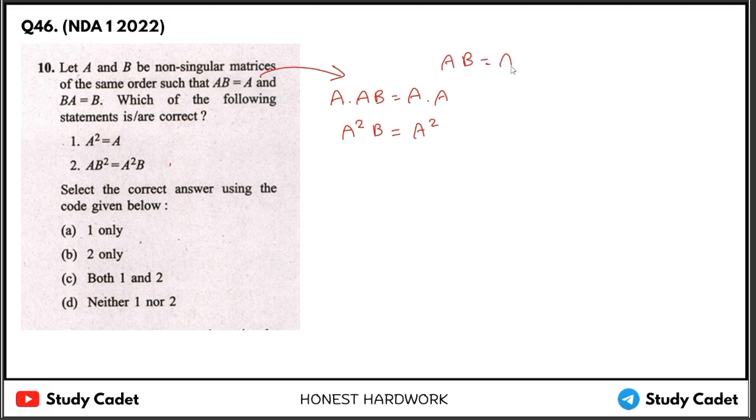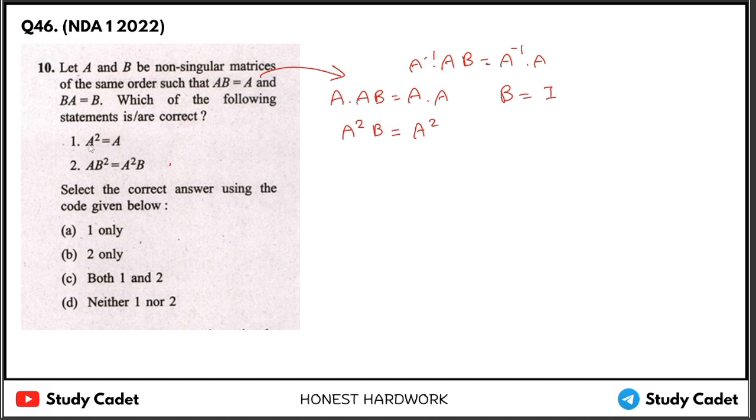If AB equal to A and I multiply both sides with A inverse, then it is B equal to the identity matrix, right? B is equal to the identity matrix.